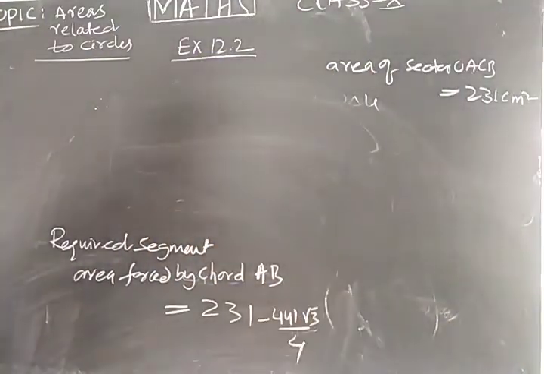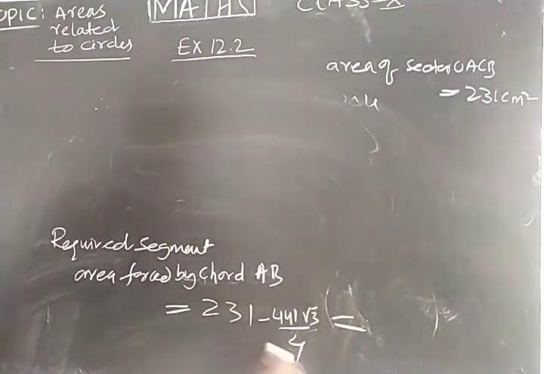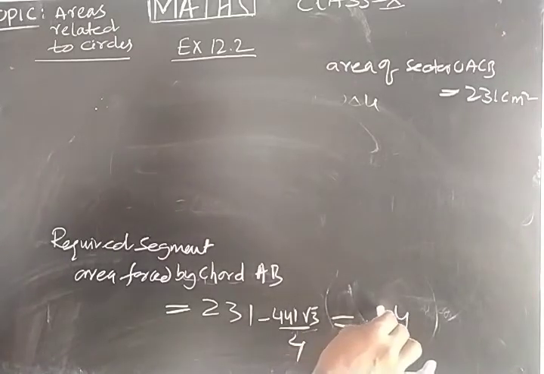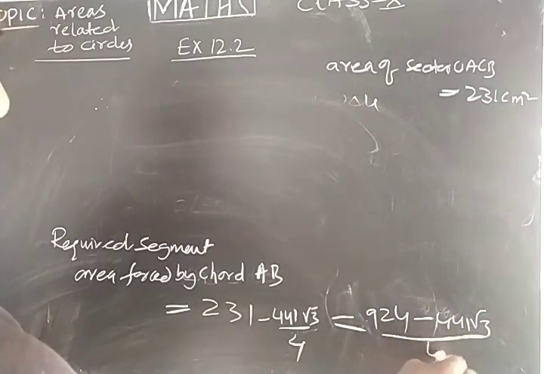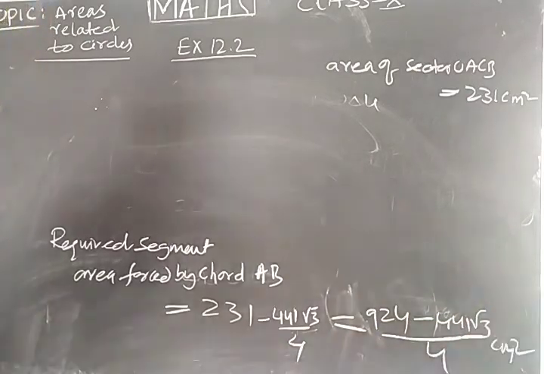By taking LCM, that is (924 minus 441 root 3) by 4 centimeter square, the required segment area formed by chord AB.